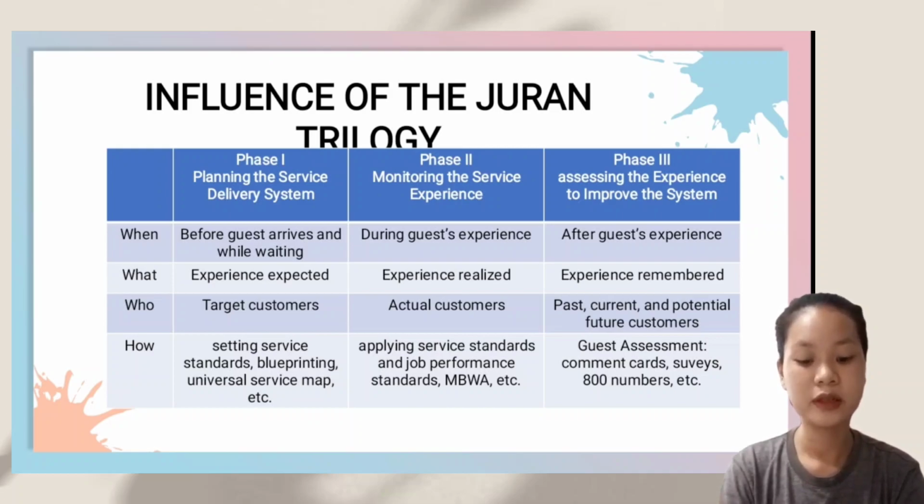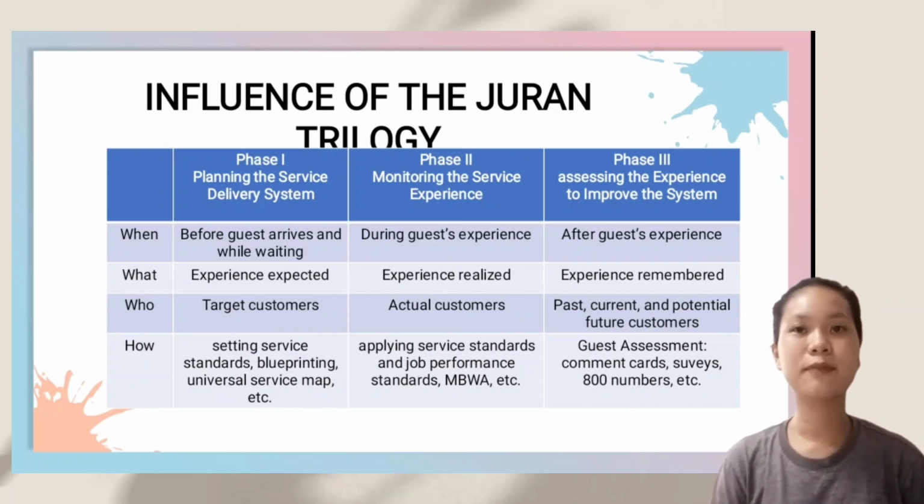Who? Target customers, actual customers, past, current, potential, and future customers. How? Setting service standards, blueprinting, universal service map, applying service standards and job performance standards, MBWA, guest assessment, comment cards, surveys, 800 numbers.